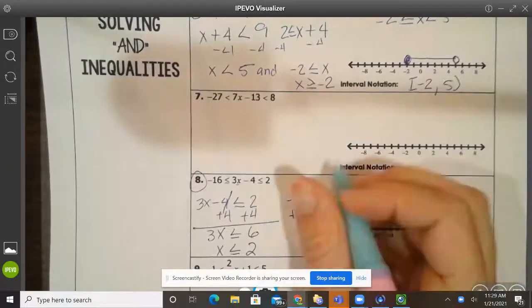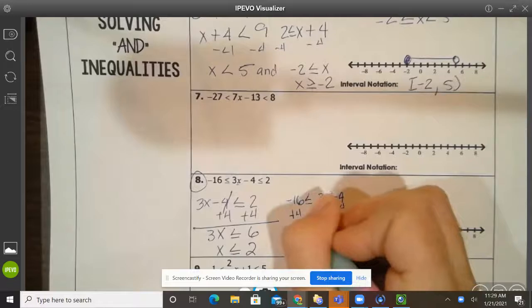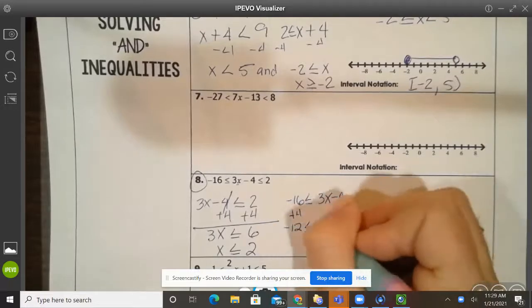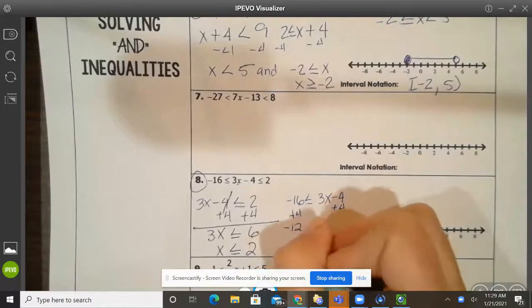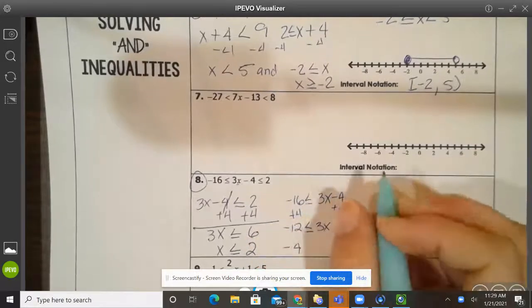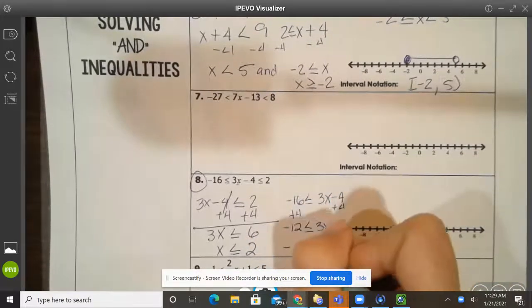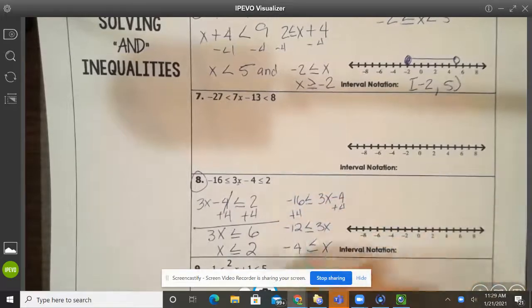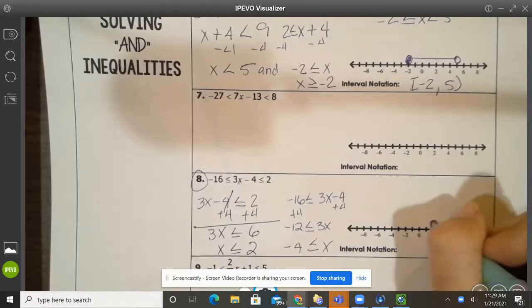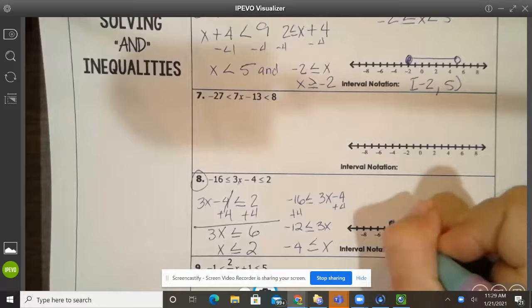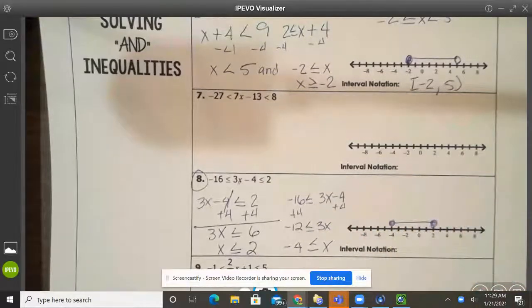Okay, negative 12 is less than or equal to 3x, and then you divide by 3, and you get x is greater than or equal to negative 4. And then both of them are included, so it's in between 2 and negative 4, and they're both closed circles.